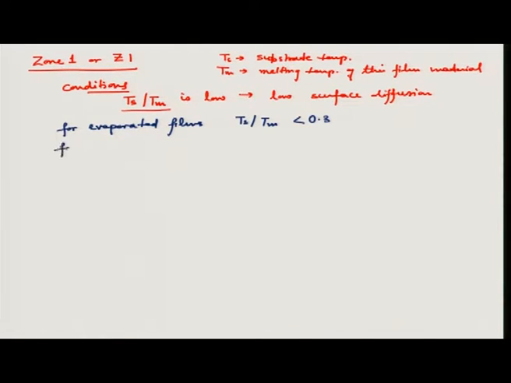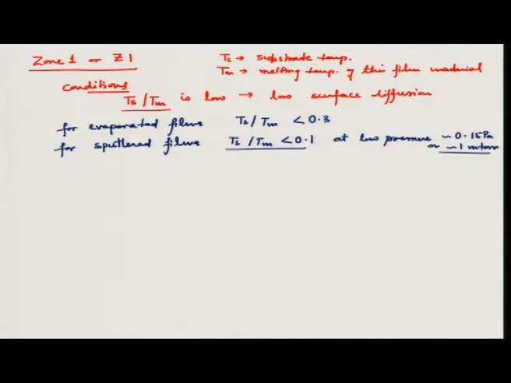For sputtered films, if Ts over Tm is less than 0.1 at low pressure, if you recall that in the previous slide the pressure was also a variable, at around 0.15 Pascal or around 1 millitorr, then you will get zone 1.